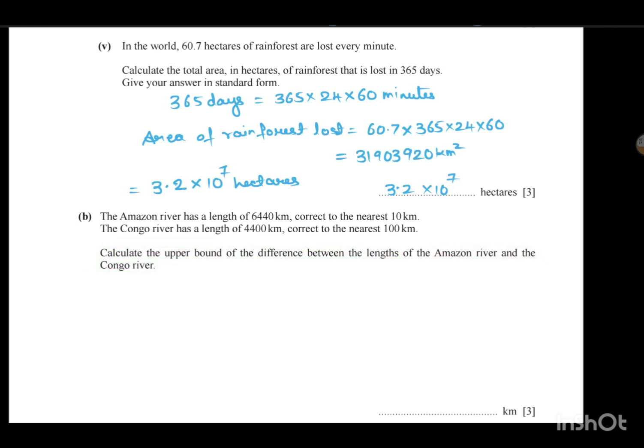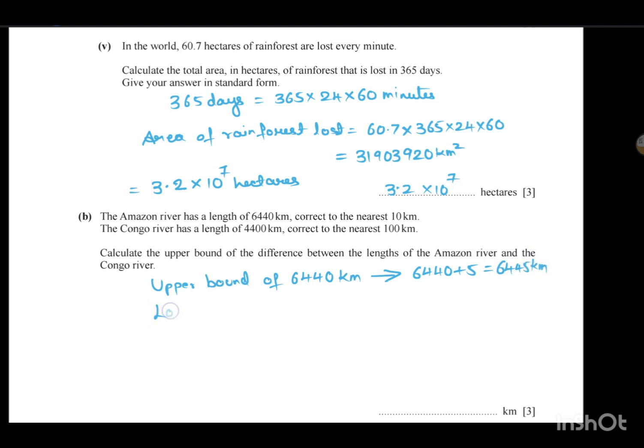Now here we are doing the difference. So we have to take the upper bound of the number from which we are subtracting, the bigger number, upper bound of 6440 kilometers, which is half of 10 is 5. So I have to add 6440 plus 5, which is 6445 kilometers.